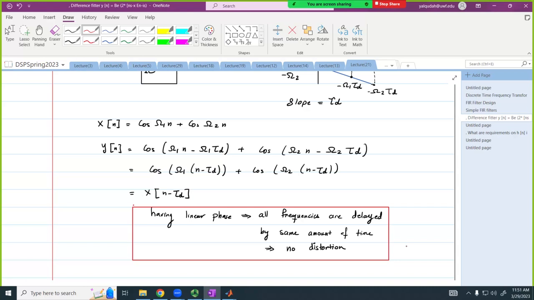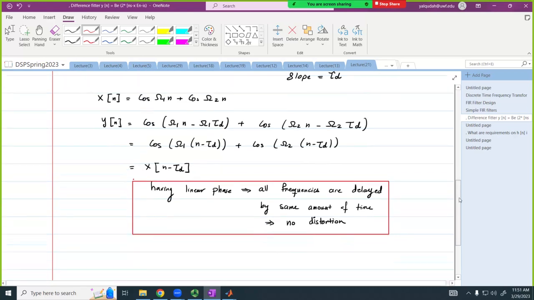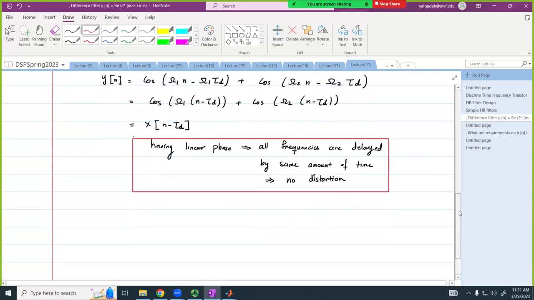So if I have two signals, cosine omega 1 n plus cosine omega 2 n, and I put them through the system, and at the output I have cosine omega 1 n plus pi over 4 plus cosine omega 2 n plus pi over 4, is this system going to distort the signal or not?